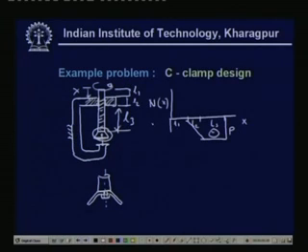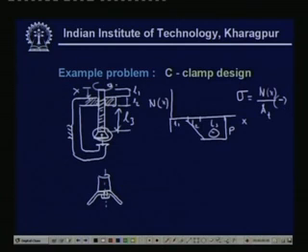Now, with the normal force there will be the normal stress, given by this well-known formula, Nx divided by A, where A is the area of the threaded section. This is the critical section of the screw, and that will be the root of the thread. This normal stress is compressive, so this is negative stress.